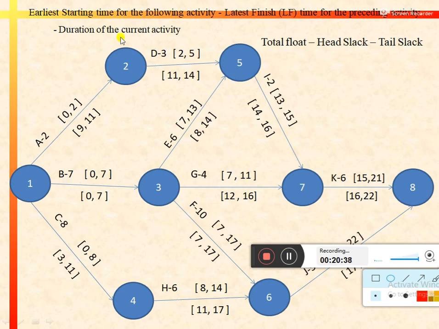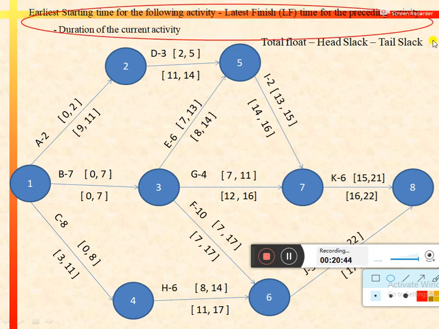If we use the first expression, that is the earliest starting time for the following activity. So K is the following activity and the earliest starting time for K is 15. The latest finish time for the preceding activity.